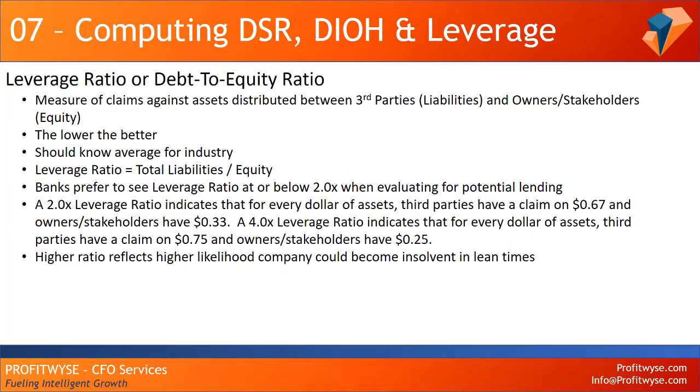And finally, here we are on the leverage calculation. Sometimes this is termed debt to equity ratio. Basically, all you're doing is dividing your liabilities by your equity. So liabilities represent what the business owes to third parties, or what claims third parties have on the business's assets.